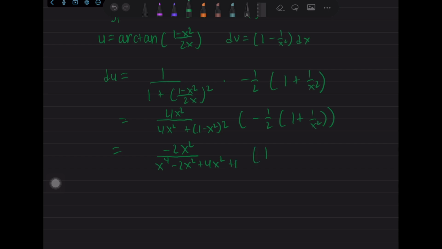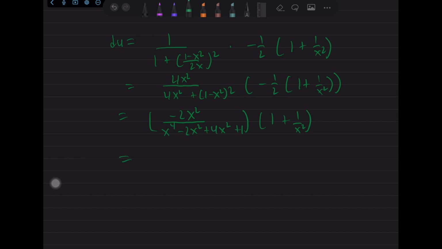And now we have all this times 1 plus 1 over x squared. So we have now negative 2x squared, x to the 4th plus 2x squared plus 1. And now let's rewrite this as well. So we multiply by x squared over x squared. So we'll have x squared plus 1 over x squared.